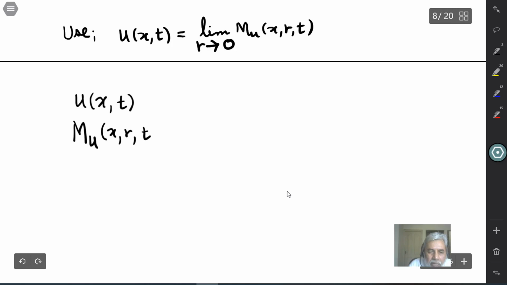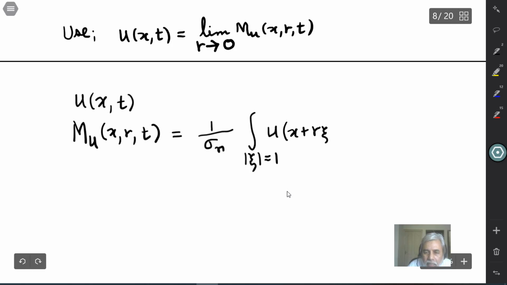We are taking the spherical mean only with respect to the x variable, so this is the mean over |j| equal to 1 of u of x plus r j. So this is a surface integral on the unit sphere.